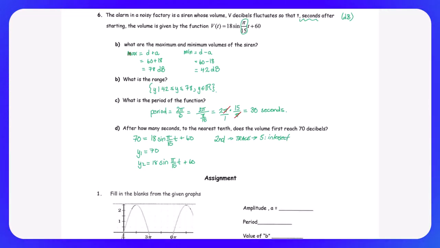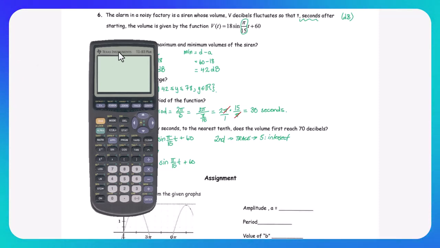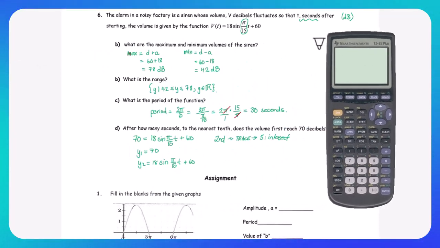So let's set this up in our calculator. If you want to pause the video, get your calculator set up too. What are we going to do here? Y equals. Oh, let's clear that out. Clear that one out. So the first one is 18 sine. Here's a little bit of a thing we want to make sure we've got going on here.